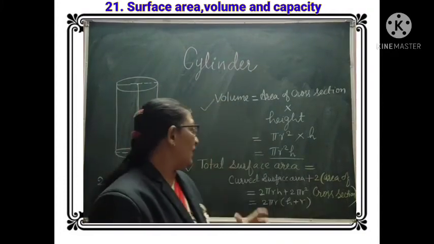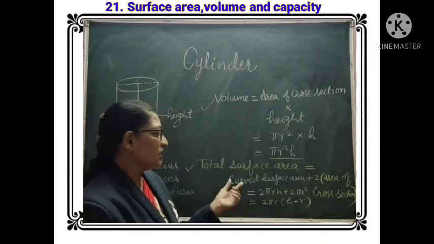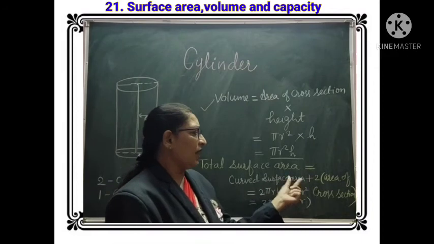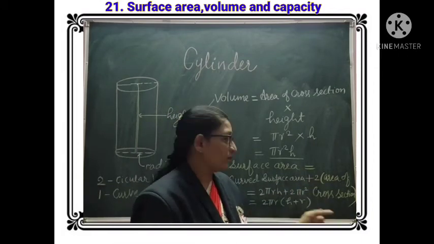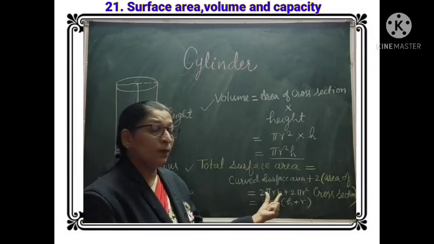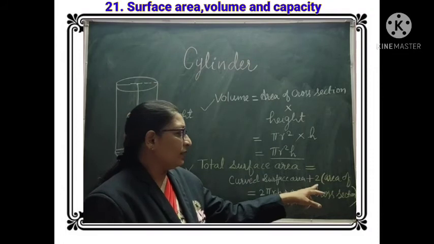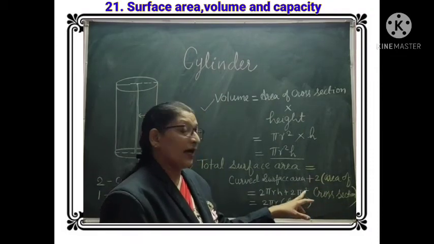Total surface area of a cylinder can be calculated as curved surface area plus 2 into area of cross section. Area of curved surface is nothing but 2 pi r h, and area of cross section is equal to 2 into pi r square.